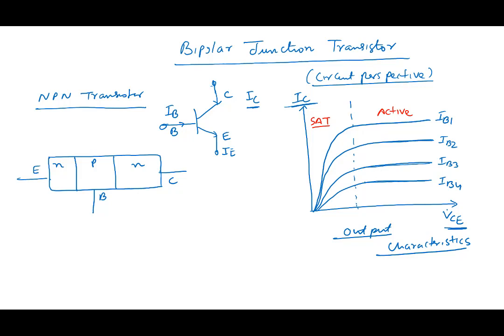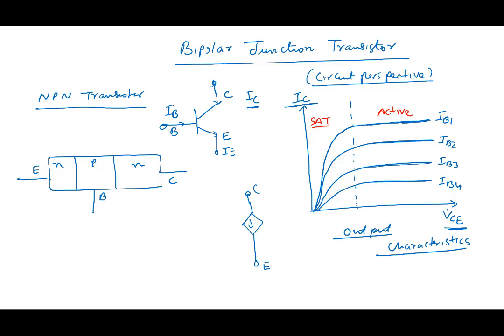And to first order, we can think of this current as a current source between collector and emitter, because it's not varying as a function of voltage.